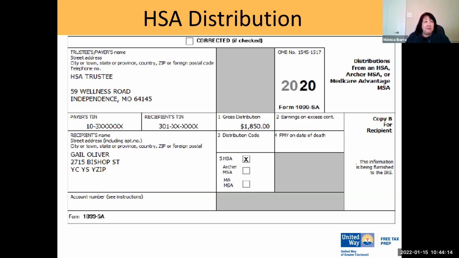And so that amount will be taxable. And I think there's a penalty. There's a calculation on how much tax you have to pay on that when you don't use it for a qualified medical expense. So just make sure you're very clear with your taxpayer, so that they understand the question that you're asking. All right. Any questions on HSA distributions?